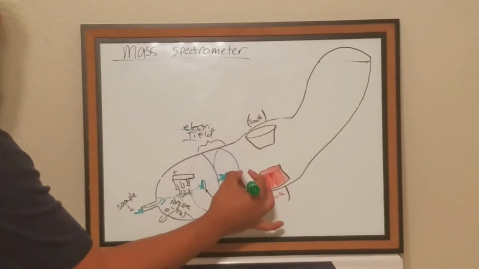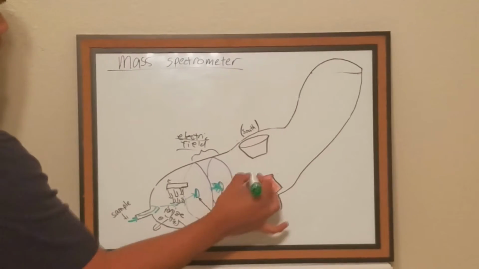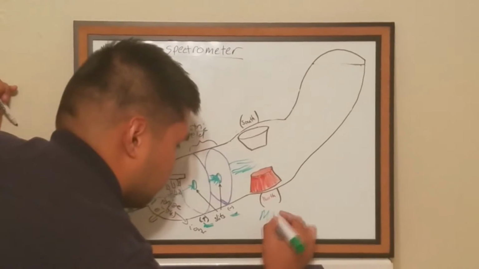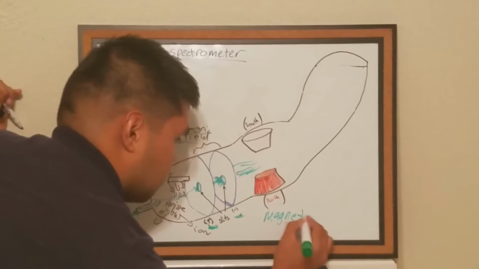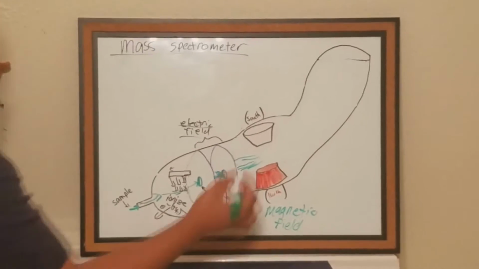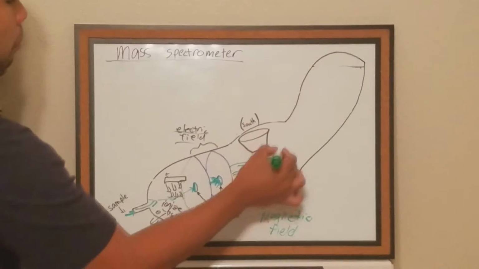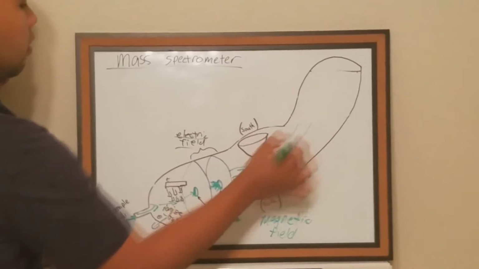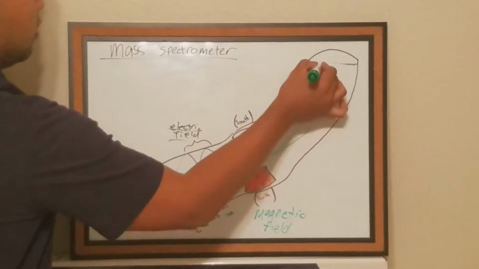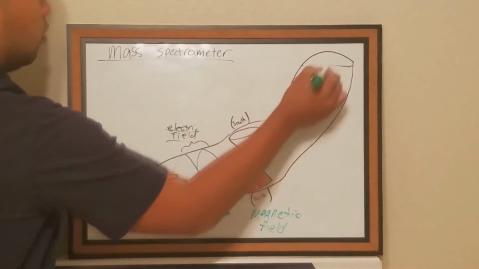The next part is for the ions to enter a magnetic field. This magnetic field will bend the ions, and depending on the masses, they will curve differently.